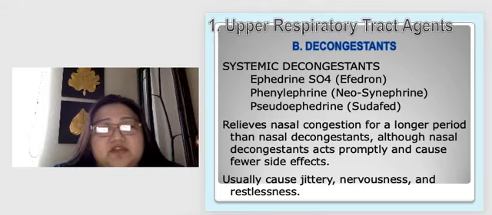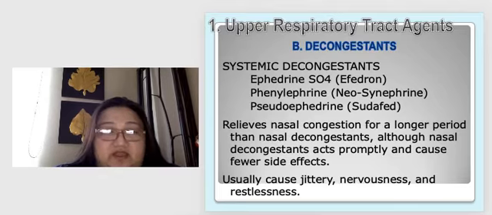Although si nasal decongestant na local may act promptly and may cause fewer side effects. And because systemic tong decongestant na ito, it can cause jittery, nervousness, and restlessness, which are systemic symptoms.